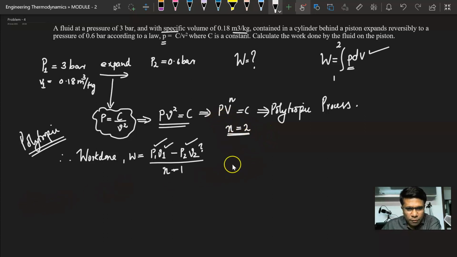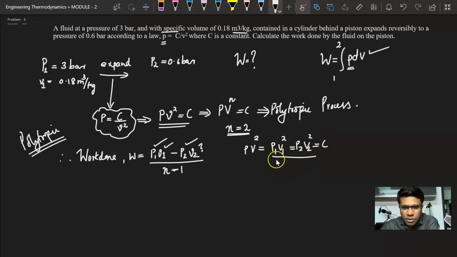Therefore, from this polytropic equation, PV raised to 2 equal to constant means P1 V1 raised to 2 is equal to P2 V2 raised to 2. All these should be equal to constant. Therefore, I can take P1 V1 square is equal to P2 V2 square.